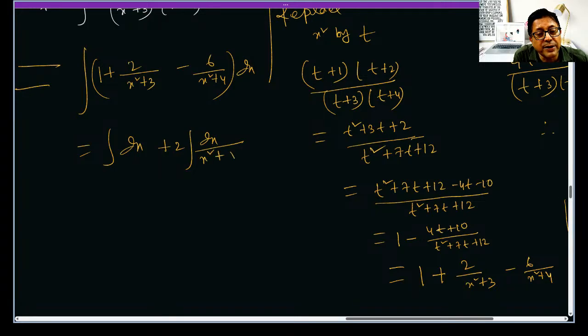Dx by x square plus root 3 square, dx by x square plus 2 square.